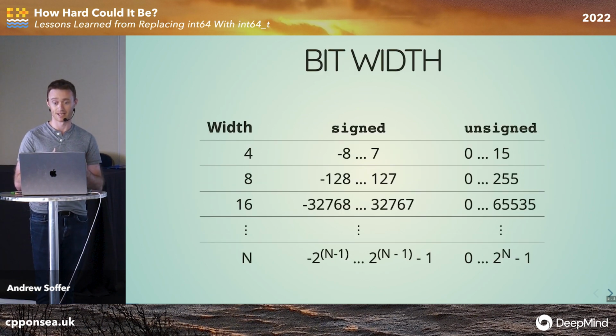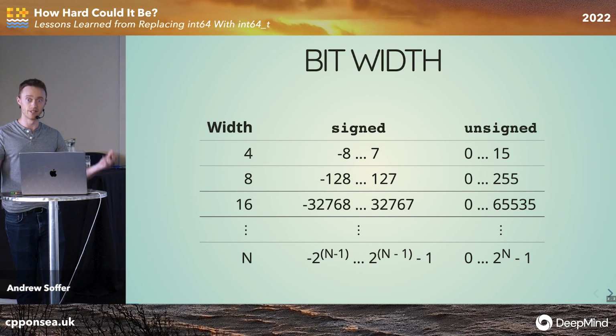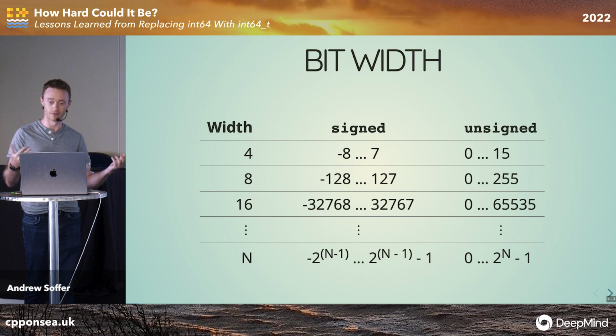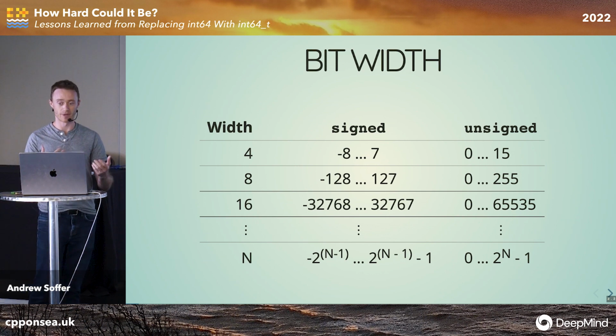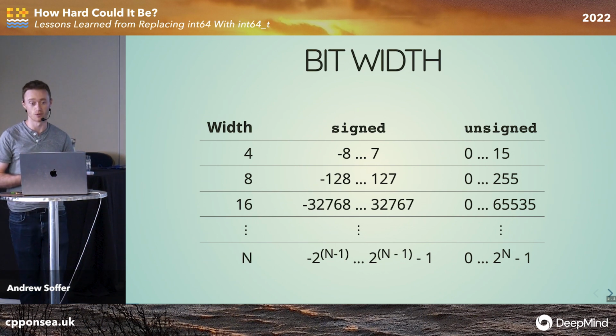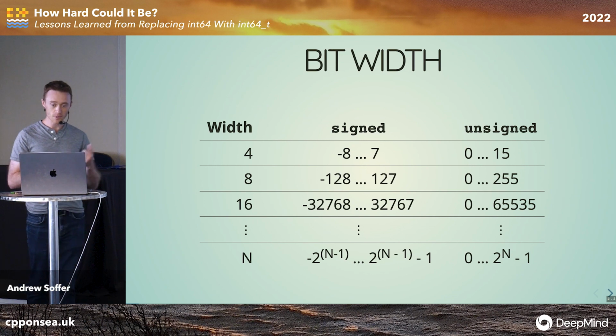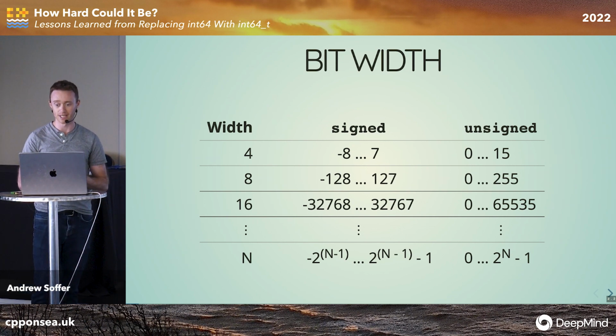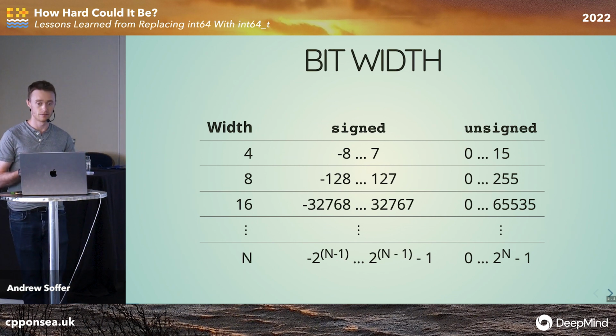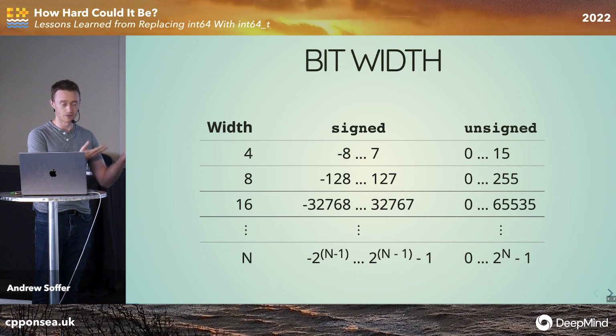Bit width tells us which integers we can actually represent. There are infinitely many integers, but computers are finite, and so we deal with that by only allowing certain values to be stored. So I've shown here some examples of bit widths and what they mean. A bit width of n means that you can represent 2 to the n values, and these are the values that you can represent on standard integer types.